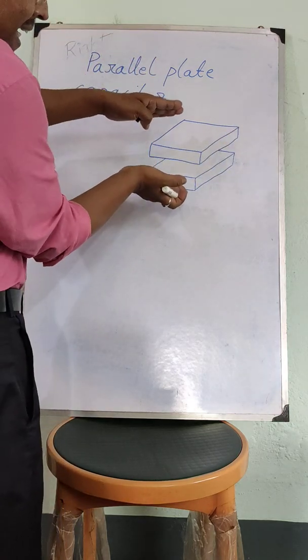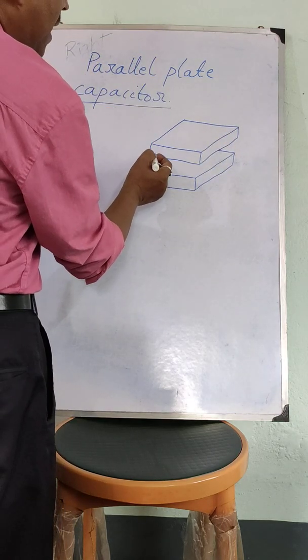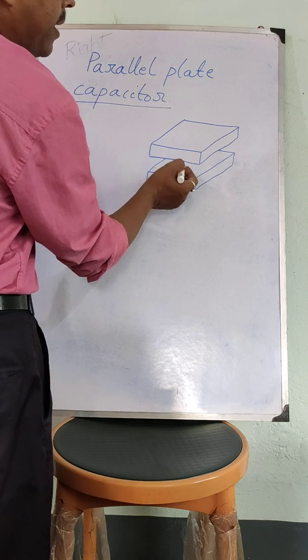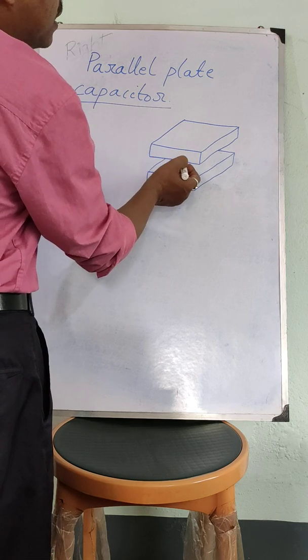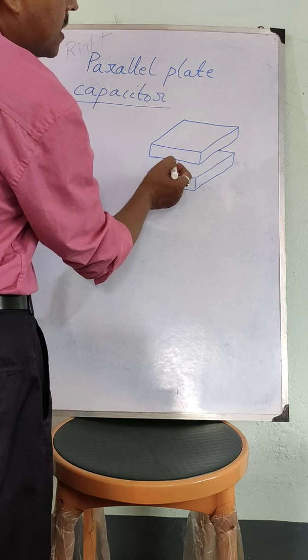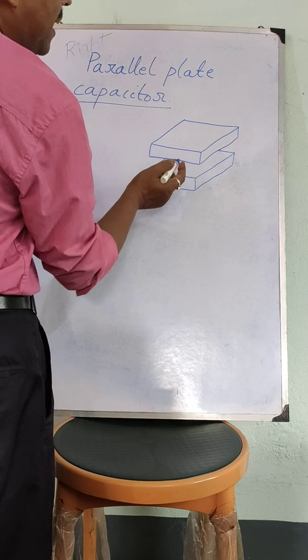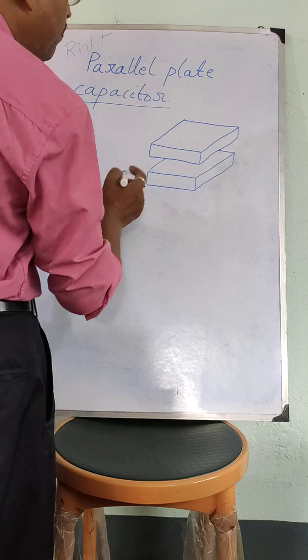So one plate is above the other, and inside it there may be dielectric material, or we are considering that there is vacuum, that is free space between the two conducting plates.